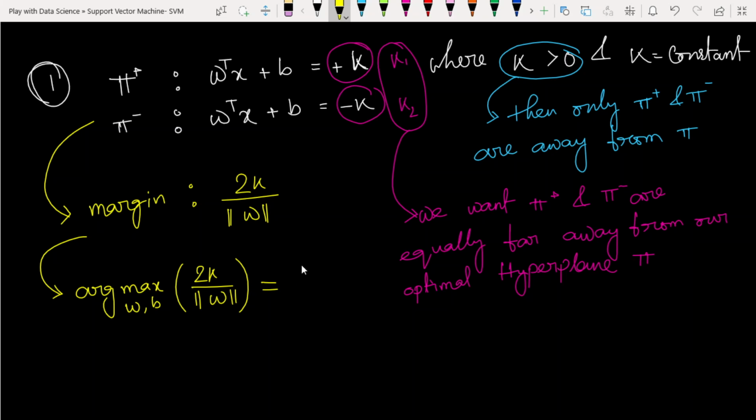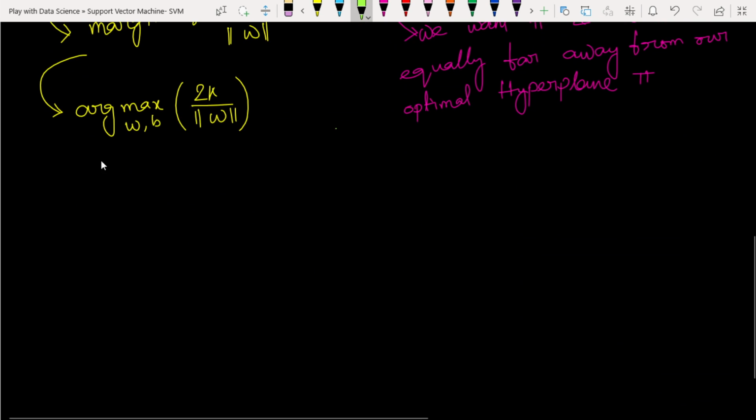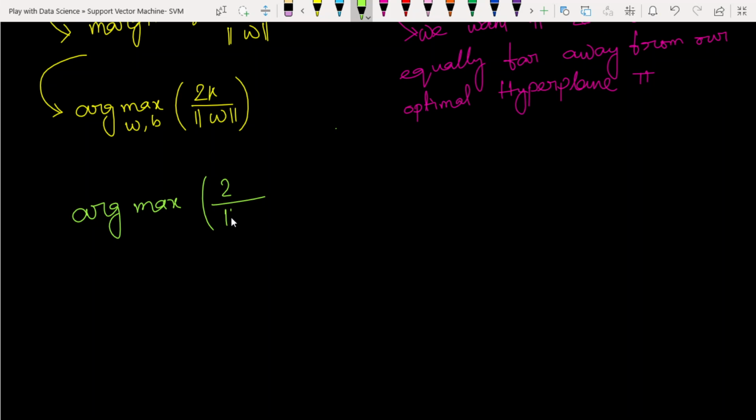If you compare this equation with this equation, both are the same kind of equations.